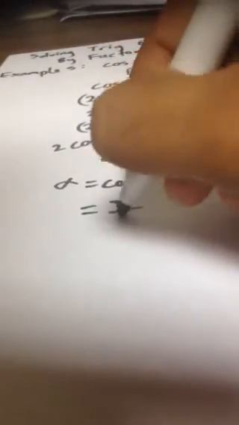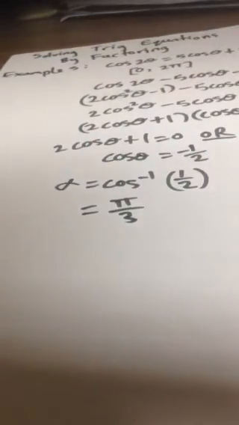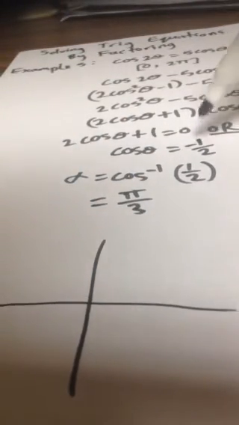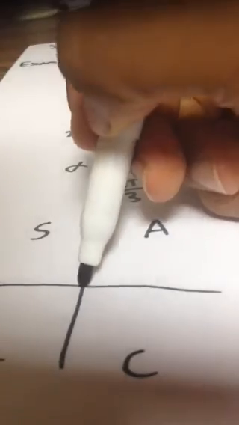Cos inverse of a half is 60 degrees, which is π on 3 radians. And again, we need to know where is cosine negative. So this negative sign, again, it only tells us which quadrants we need to pick up solutions from. Cosine is positive in the first and fourth quadrants, and therefore it's negative in the second and third quadrants.